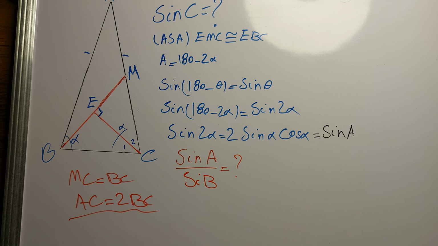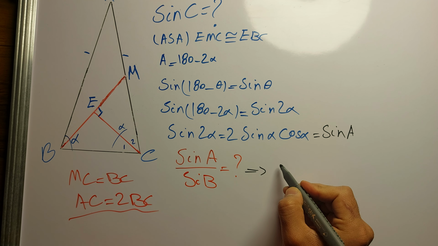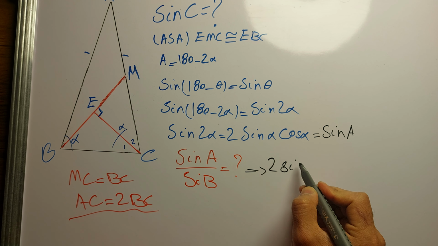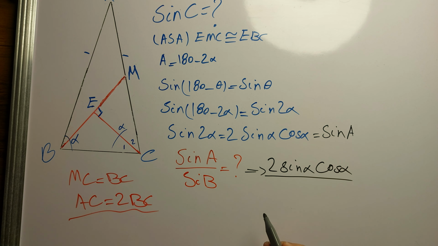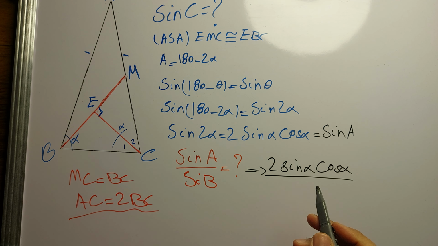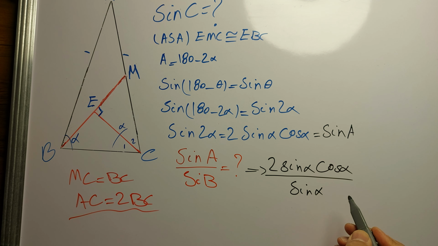Let's go back to the question. So sine A over sine B. We have sine A here: 2 sine alpha cosine alpha over sine B, which is sine alpha.